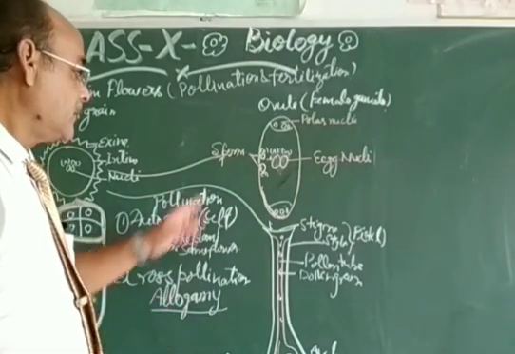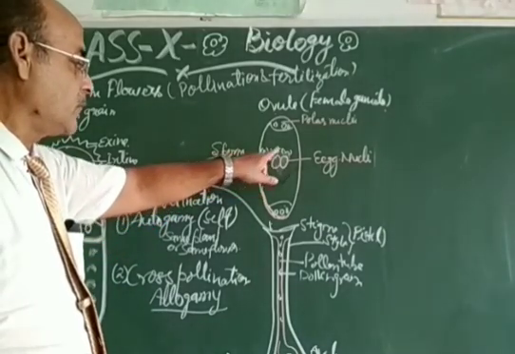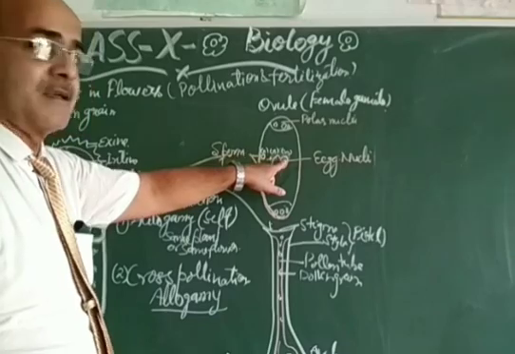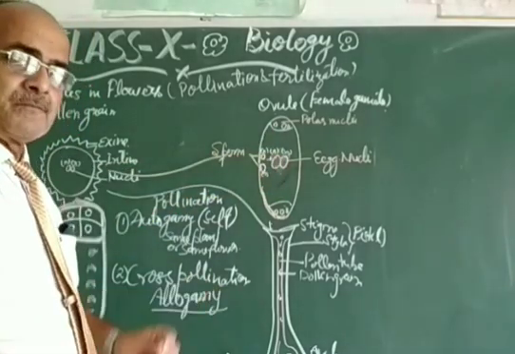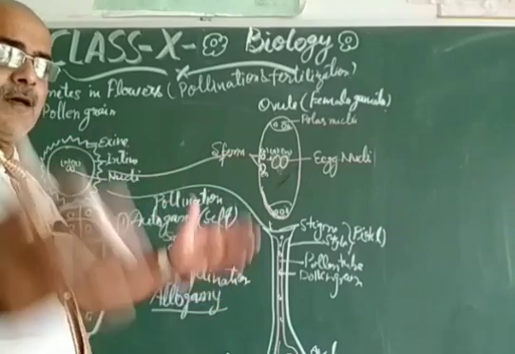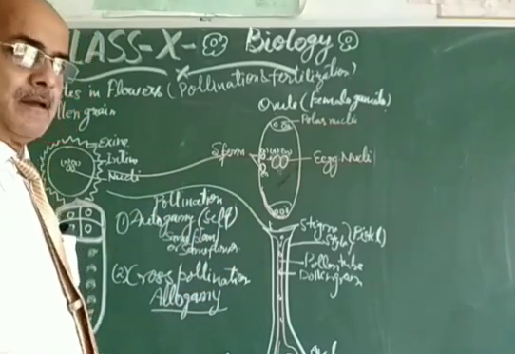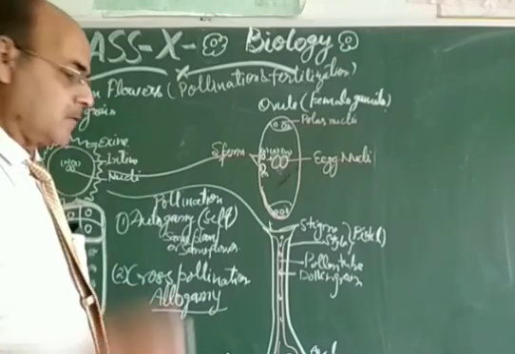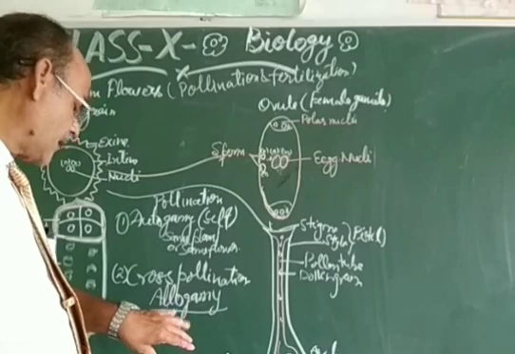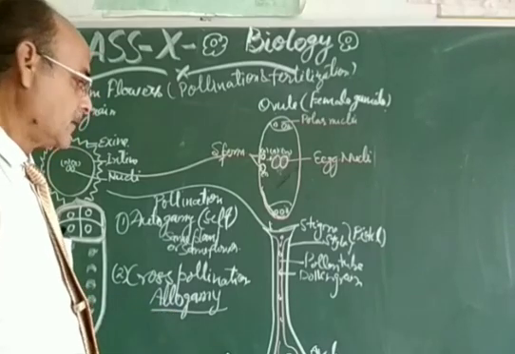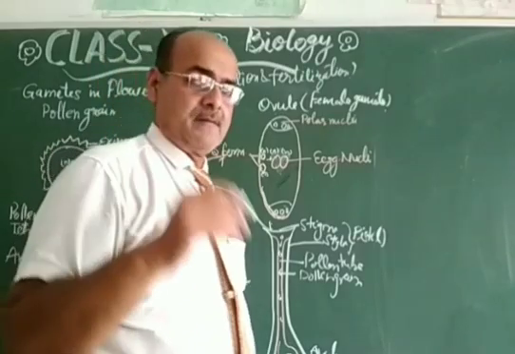Or generally a single nucleus is responsible for fertilization, and the rest of the nuclei are meant for providing nourishment to the egg, to the newly formed zygote. And after the fertilization, the formation of zygote and then seed takes place.